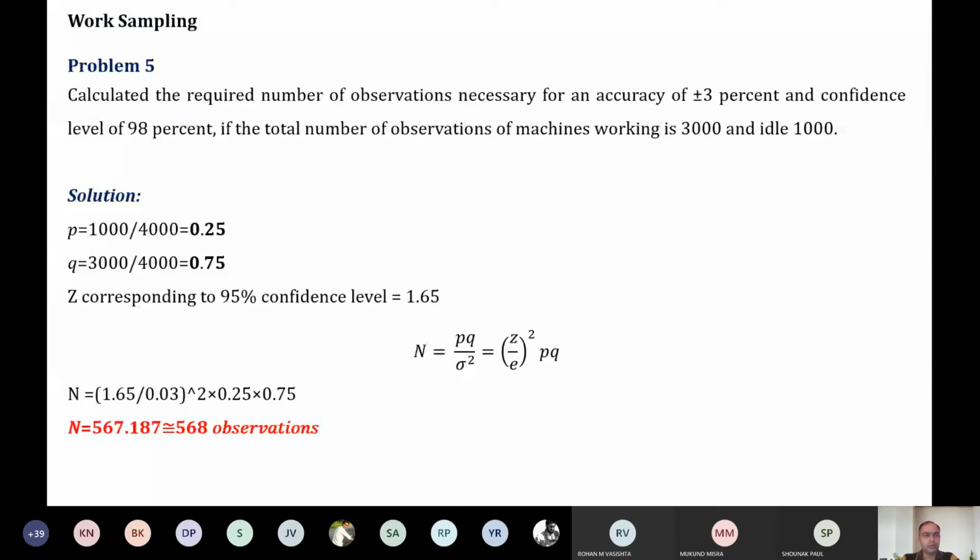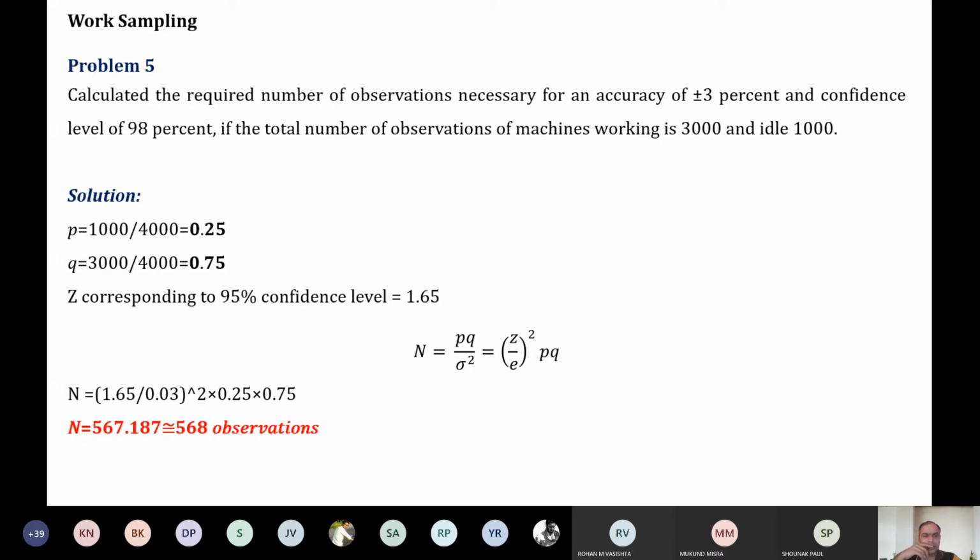Here in this case, the problem is like this: calculate the required number of observations necessary for an accuracy of plus or minus 3%. So this plus or minus 3% is the error, and error means e, and a confidence level of 98%. This confidence level of 98 percentage is the z value.